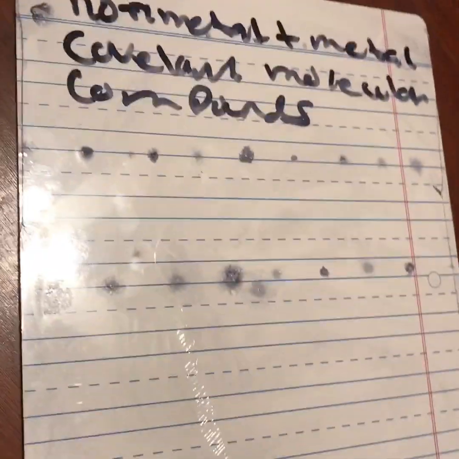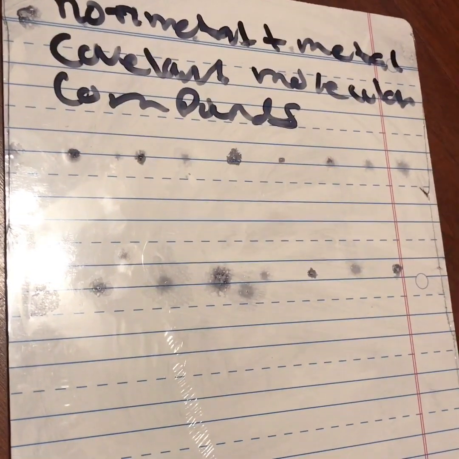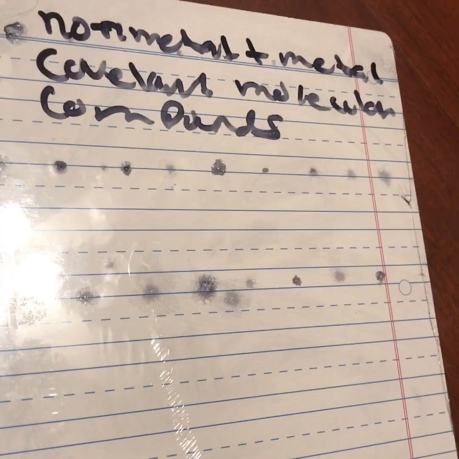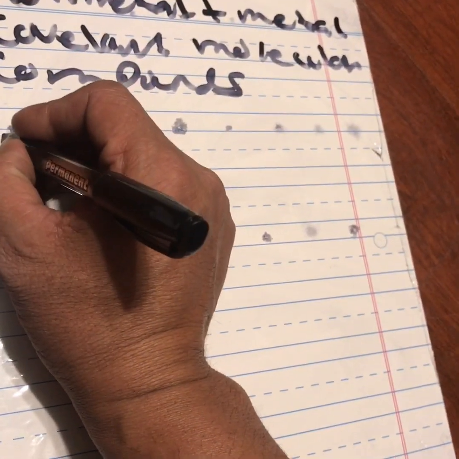So for examples of covalent molecular compounds, ionic metal and non-metal compounds, for this one we need to use the prefixes.